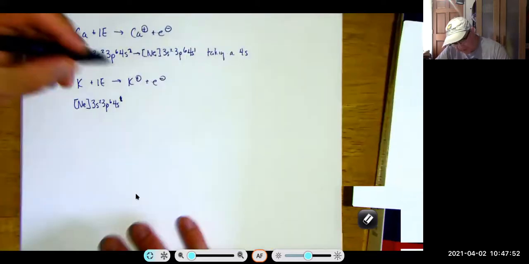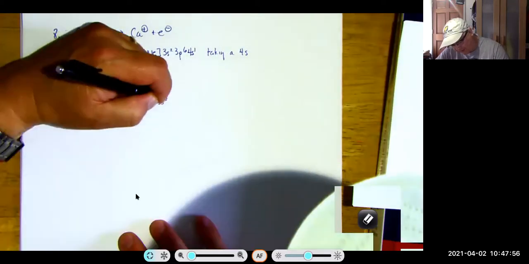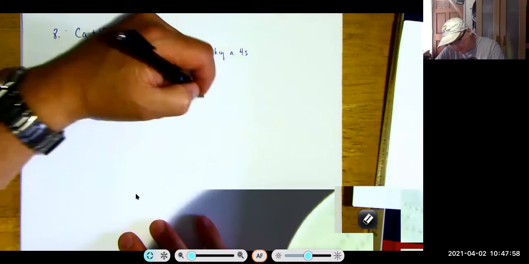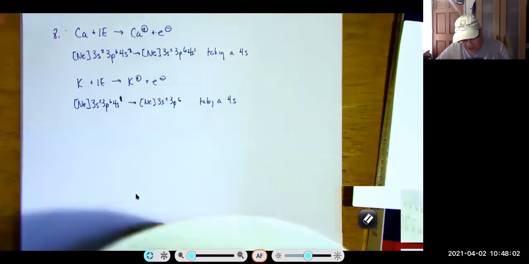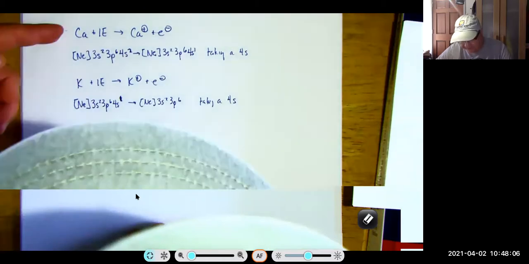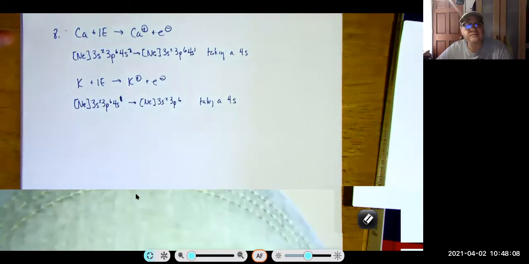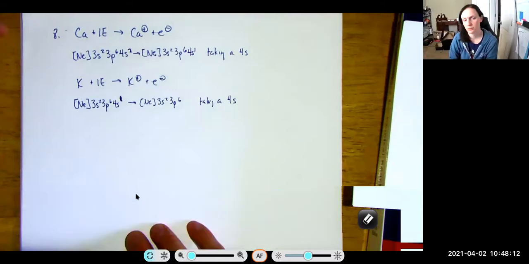So here, this becomes neon, 3s2, 3p6, and you're taking a 4s. So they want to know, why does it take more energy to take one from calcium than potassium? They're both 4s's.